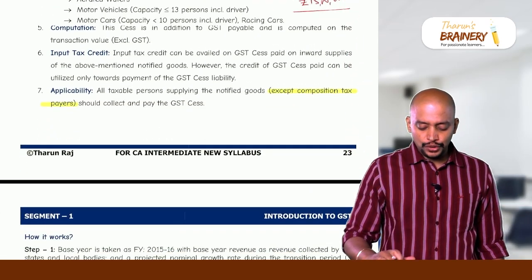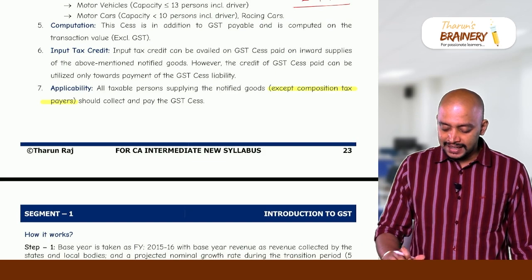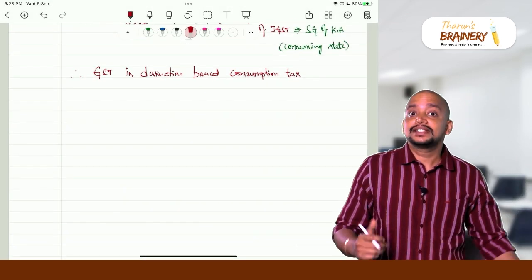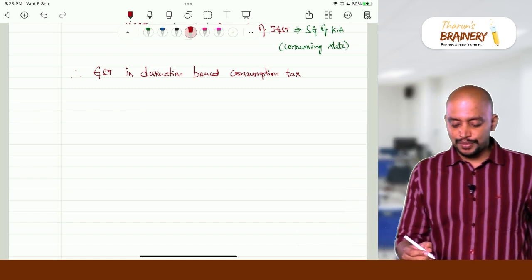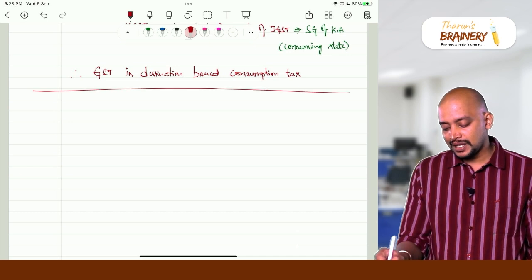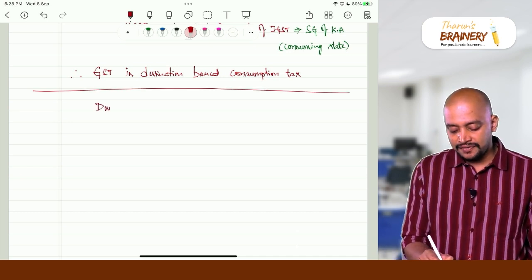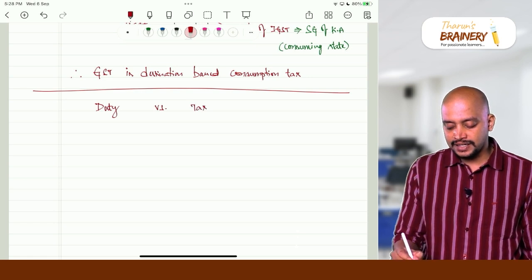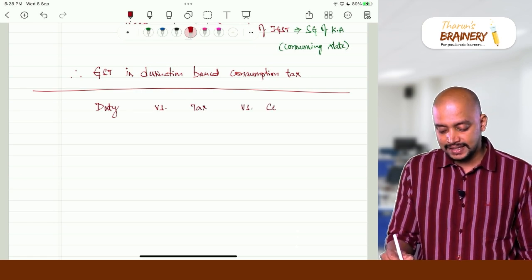Now we need to know the difference between tax versus duty versus cess. What is the difference? Because in some places we have duty, in some places we have tax, and in some places we have cess.